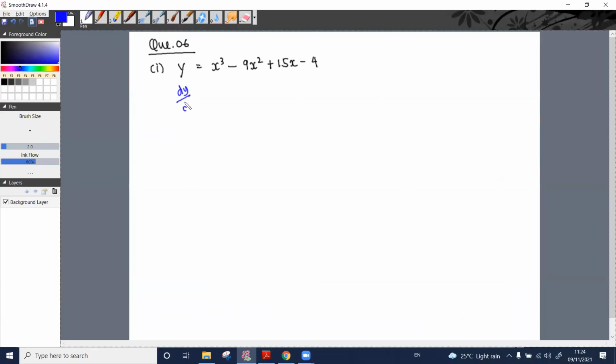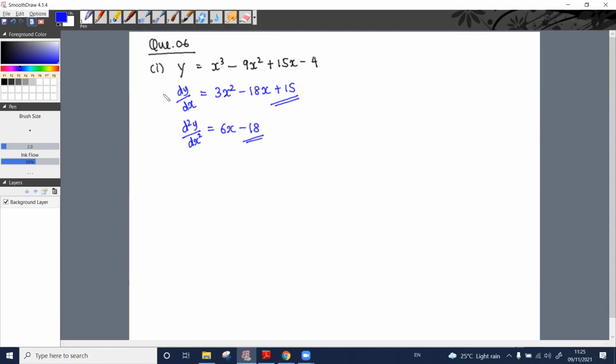dy by dx equals what? 3x squared minus 18x plus 15. This is dy by dx. We need to find the second derivative as well, that means d2y by dx2. Again, we need to differentiate this one, then it will become 6x minus 18.